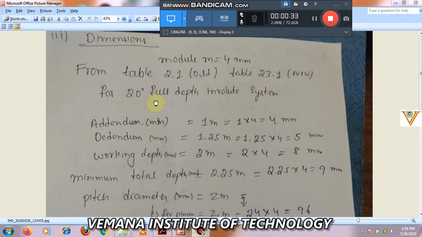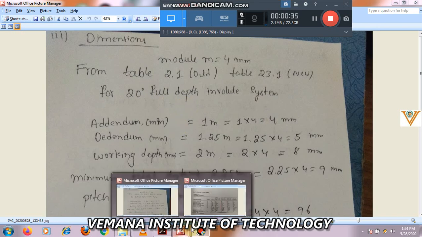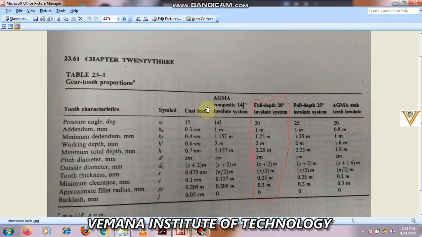For the 20-degree full depth involute profile, this is our table 23.1. In this table we get all the equations corresponding to the dimensions. The pressure angle is 20 degrees, and our gear is a full depth 20-degree system. To find the addendum, we have 1 times module, 1 into 4, so 4 mm.